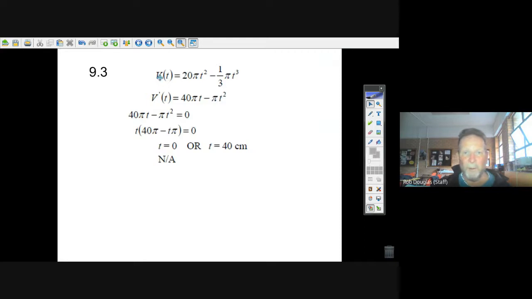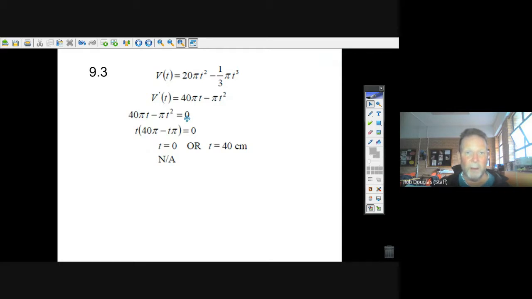We take the formula for volume and we do the derivative. 2 times 20 is 40, bring it down 1. 3 times a third is 1, bring it down 1. There it is, the derivative of the formula for volume, right there.